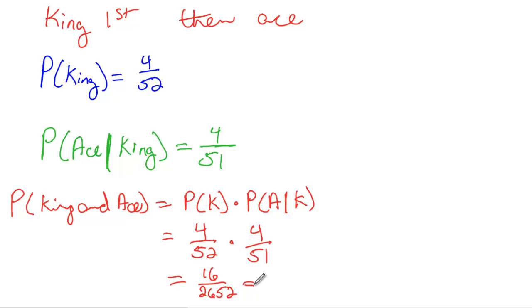And when I divide that, I get 0.006 as my probability. Very small probability again, but I have to look at this item. I did not replace that king, so I have to reduce how many cards I am choosing from now.